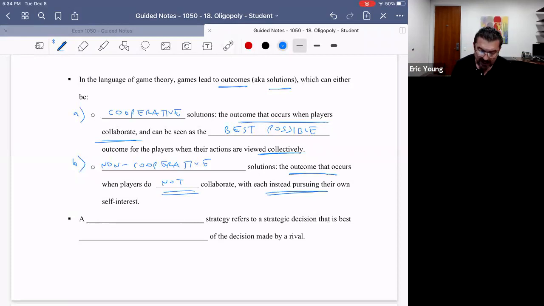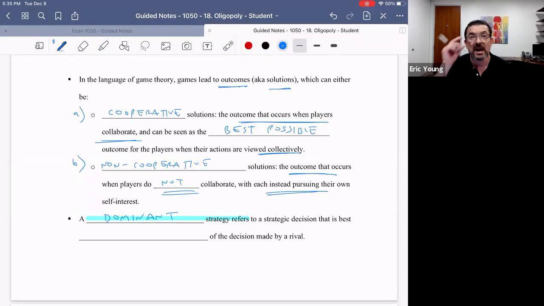So again, we have the language, the jargon. We're going to have cooperative solutions and non-cooperative solutions. All these terms come together in a critical concept, the concept that we call dominant strategy.